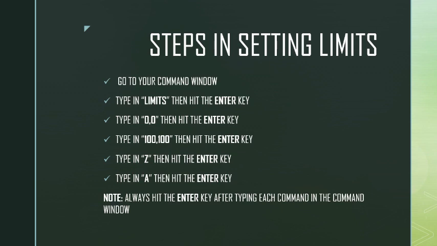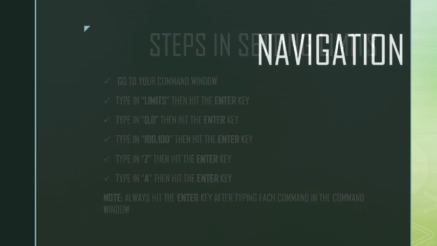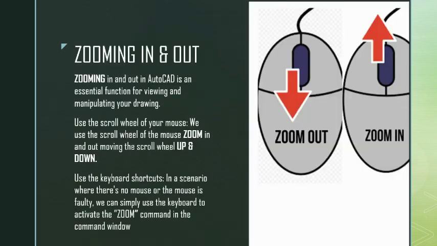After limits, there's one other thing you need to know about AutoCAD, which is very important, and it's called navigation. Navigation is how you view your drawing, change position, or move your object all about the drawing area. And most essentially, we need a mouse so that you can be able to zoom in and out.